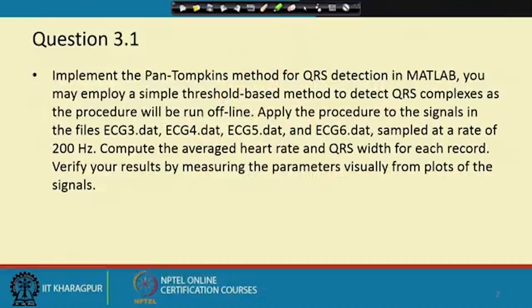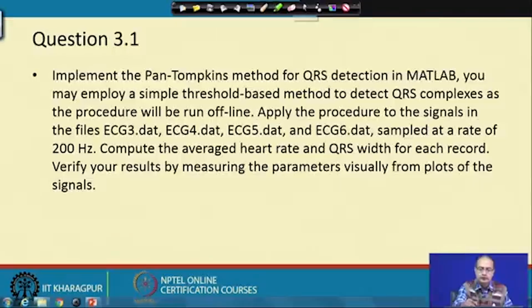Now, we will start tutorial number 3, and the first topic of it would be the Pan-Tompkins algorithm. We will use the Pan-Tompkins method for detection of the QRS complex using the MATLAB platform, and we will use a simple threshold-based method.